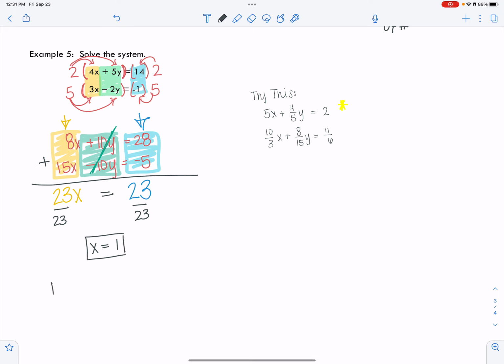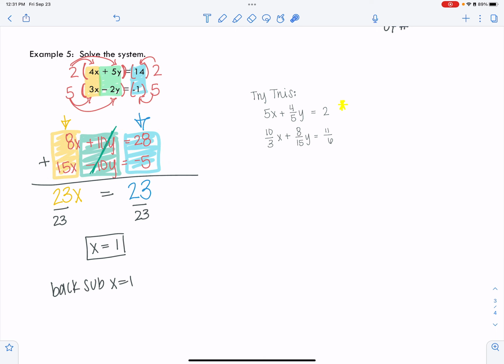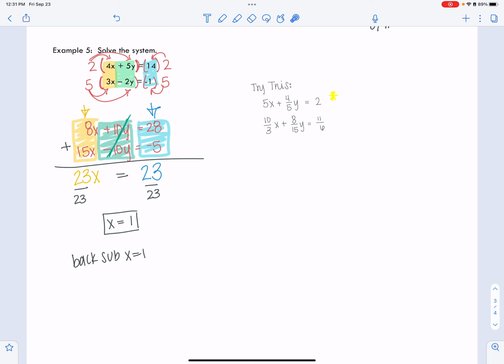Back sub x equals 1 into any equation. You could back sub into these equations or these equations. I would pick whichever one has the smaller numbers or whichever one looks easiest. So I'm going to pick the very top equation because it doesn't have a negative sign. And so I'm going to plug it into 4x plus 5y equals 14.